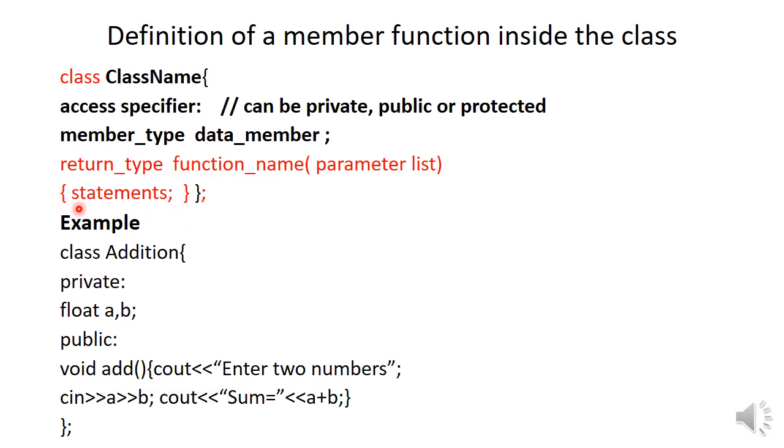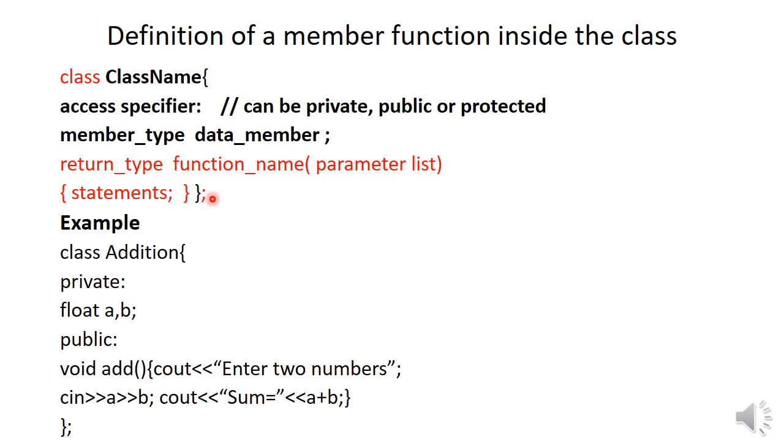These two red curly brackets show the body of this member function, and this black curly bracket closes the class definition, and here we have the semicolon because at the end of each class definition there is a semicolon.